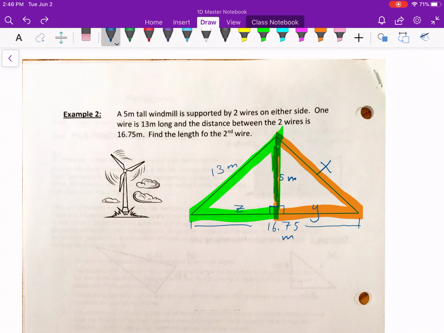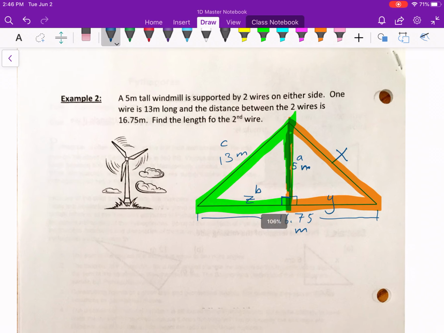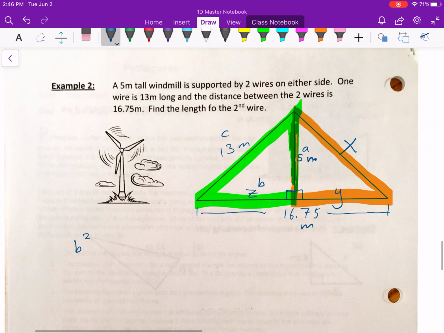So Pythagorean theorem, here's my c, I'm going to call this a, and I'm going to call this b. So this is one of these cases where I know the hypotenuse and I need to find something that isn't the hypotenuse, so I'm going to use this version. So it's going to be z squared equals 13 squared minus 5 squared.